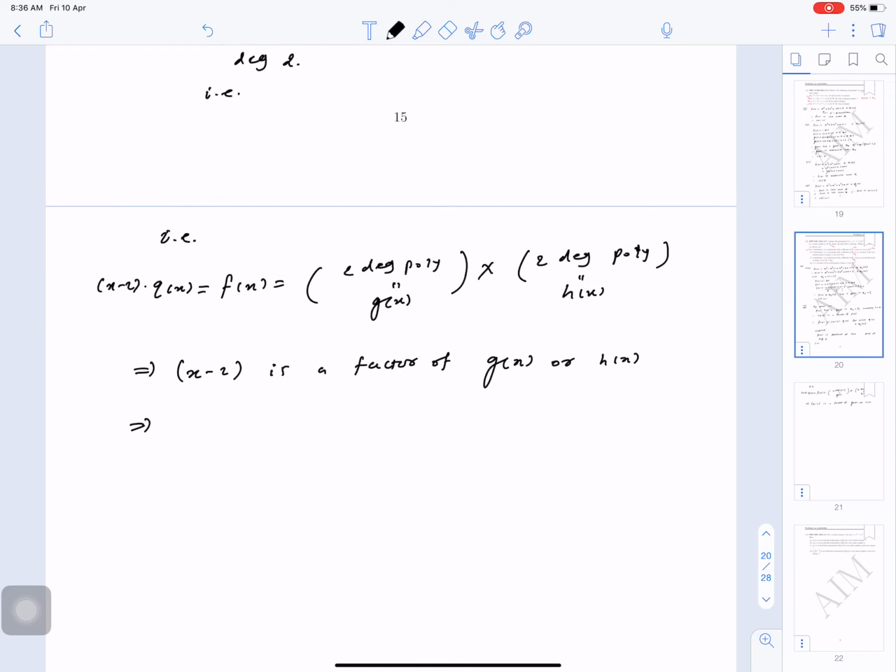If x minus 2 is a factor of g(x), then g(x) is a polynomial of degree 2 with x minus 2 as a factor, so g(x) is reducible. And suppose x minus 2 divides h(x) and the degree of h(x) is 2, so h(x) is reducible. So g(x) is reducible or h(x) is reducible.